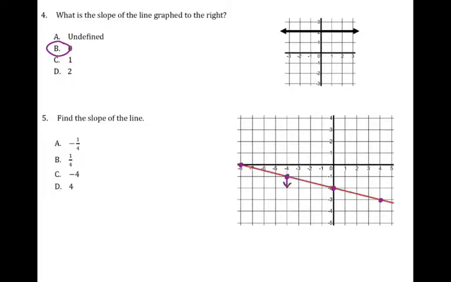So I'm going to see how I can travel from one point to the next. Here, I'm going down 1 and to the right 4. So my rise is going down 1, my run is going over 4. So my slope is negative 1/4, which is letter A.